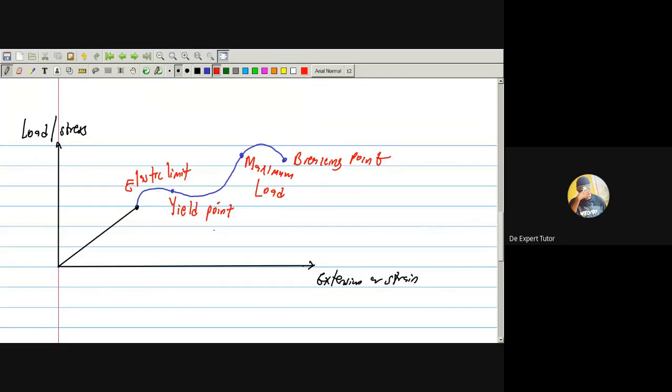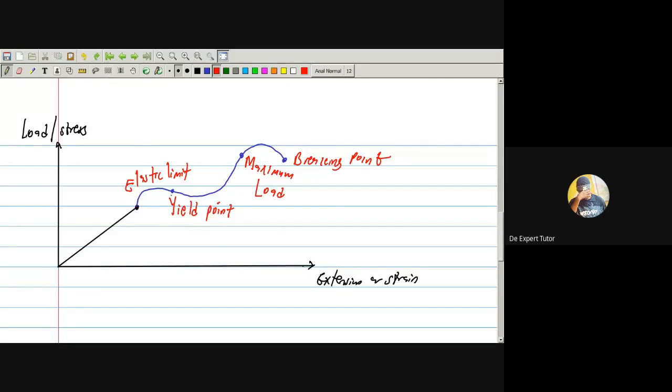Now you see this yield point. Pay attention. Let me tell you something. As you are exceeding this elastic limit, the object will be losing its elasticity, little by little, exhausting all its elasticity.